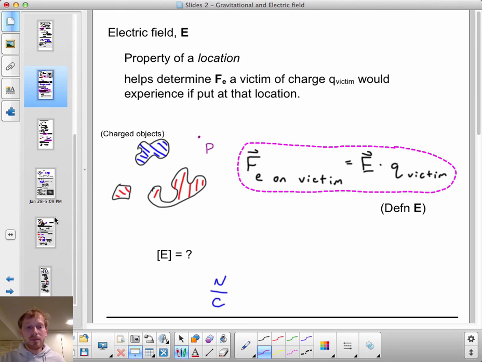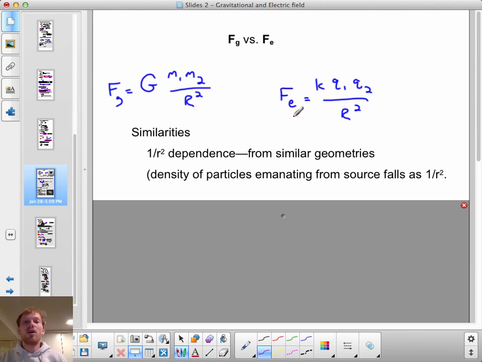Well, this is relevant to the 1 over r squared term in both of these force laws. You might imagine, is there actually a set of particles emanating from a charge whose density falls off as 1 over r squared, and this controls the 1 over r squared dependence of the electric field?